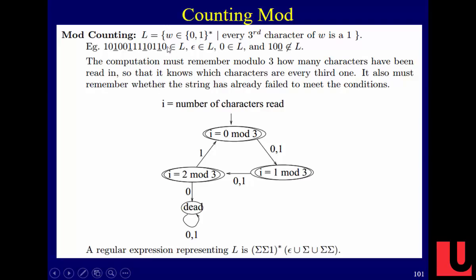If I'm on one next to an underline, I'm going to be here. And so what I'm going to do is go around in circles. Right? So right now, if all I have to remember is the number of characters mod 3, then I go around in a circle.